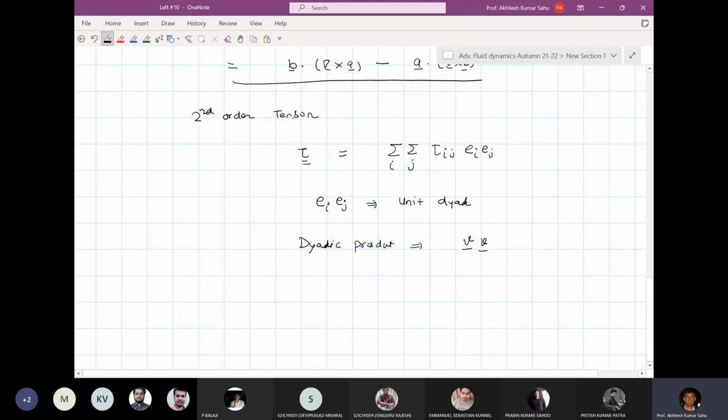Okay, so mathematically, how do we represent a second order tensor? By a matrix, right?